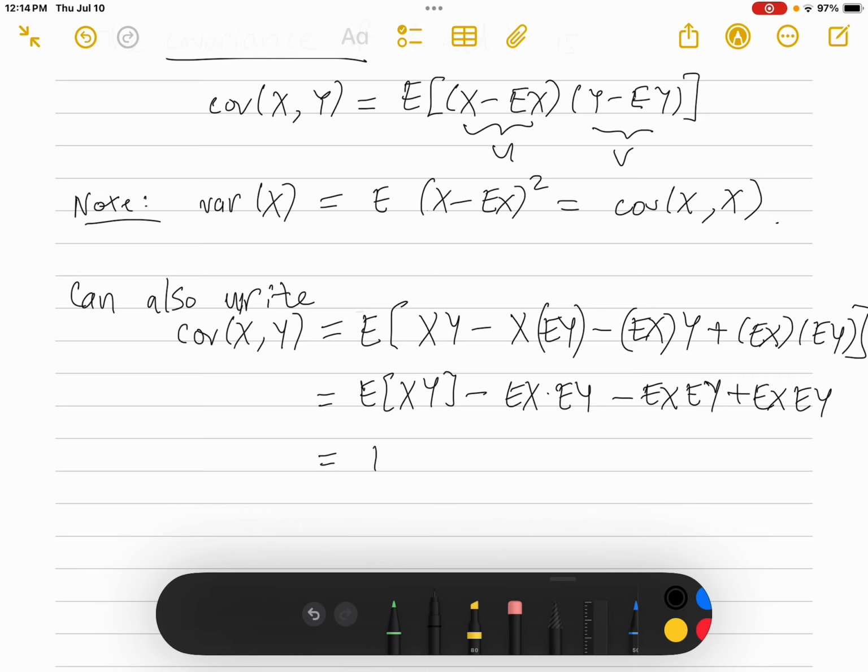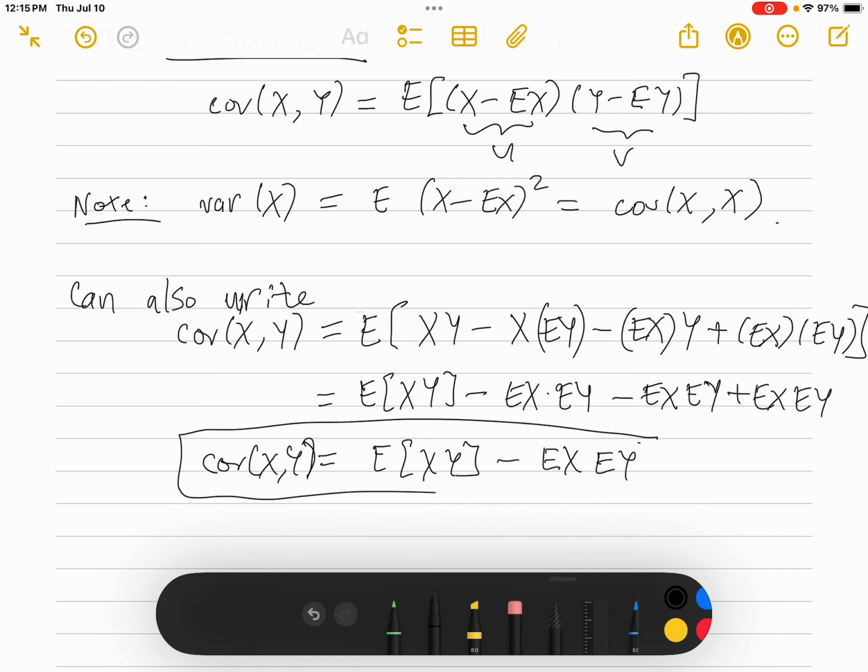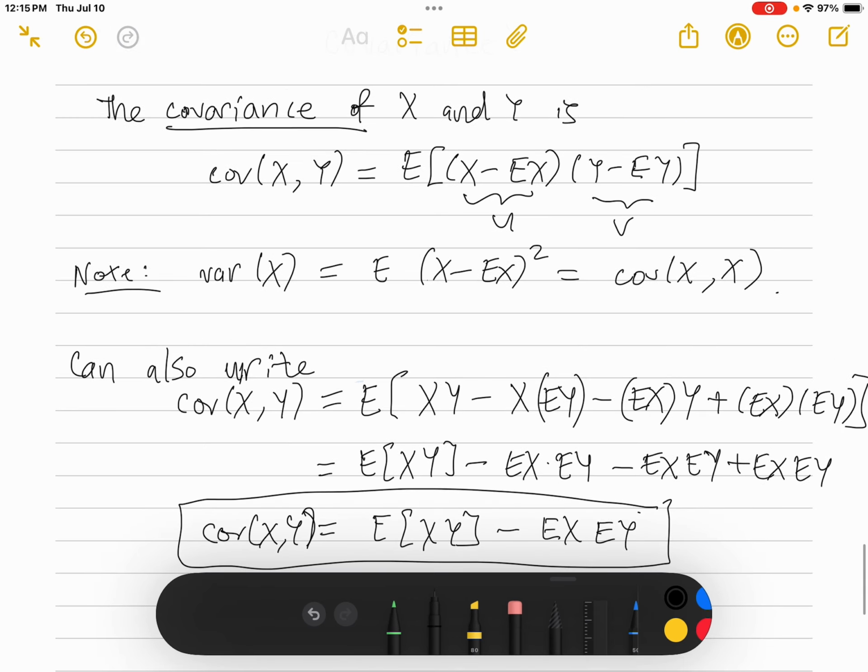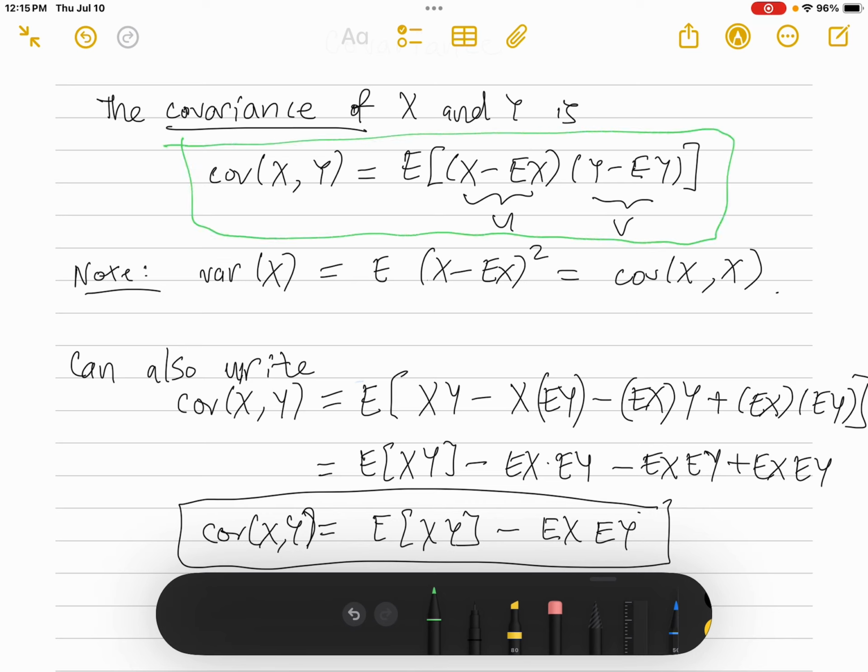So this is equal to the expectation of xy minus the expectation of x times the expectation of y. That's another form of writing the covariance. But here's the original definition.